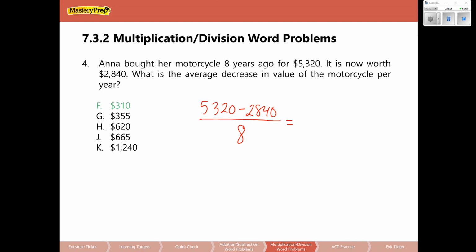That gives 310. And that's it. Questions on this here?